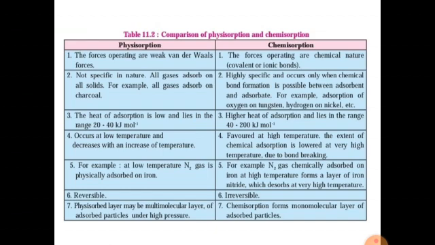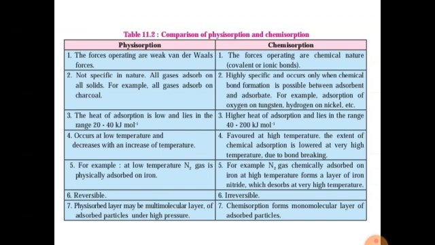Physical adsorption occurs at low temperature and decreases with increase of temperature, while chemical adsorption is favored at high temperature, and the extent of chemical adsorption is lowered at very high temperature due to bond breaking. For example, in physical adsorption, at low temperature nitrogen gas physically adsorbs on iron.